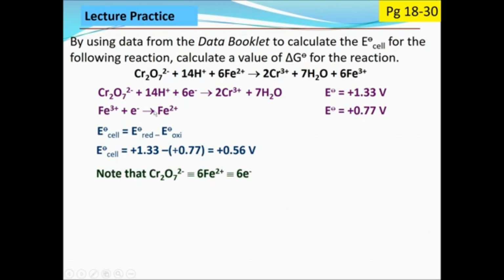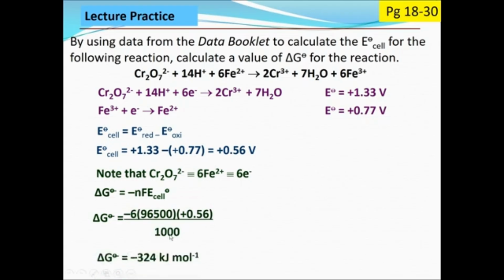The number of electrons transferred is a little bit trickier. This entire balanced equation reflects 6 electron transfer. I hope you got that. Then by substituting it in, you will be able to divide by 1000 to find negative 324 kilojoules per mole.